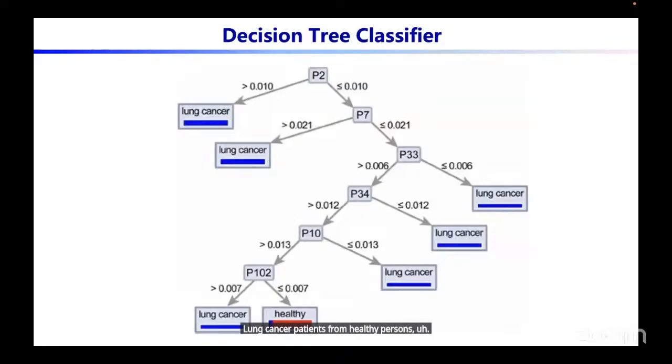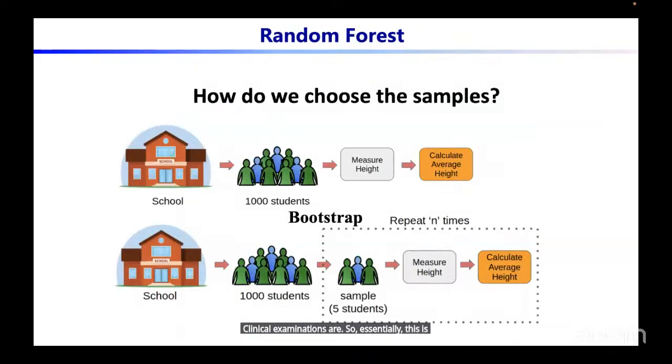You can see that in this situation, it is based on medical examination biomarkers. It can be genetic biomarkers or biomarkers from other clinical examinations. So essentially, this is just an illustration. Okay. So far, we have introduced two methods.